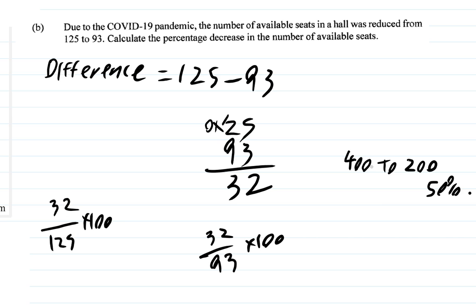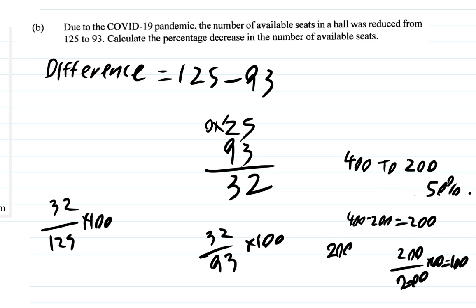Now, let's try the same thing with this. 400 minus 200 is 200. Now, if you put the 200 difference over the 200 that you have here and times 100, you get 100% reduction. You know it's not supposed to be 100. It's 200 over 400 times 100 that gives you the 50%.